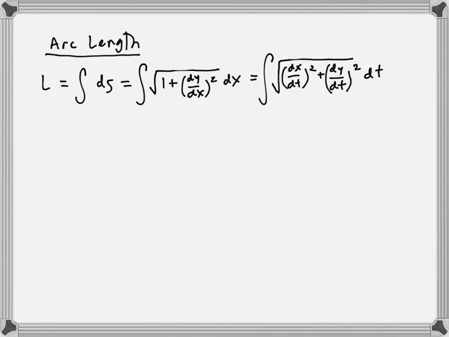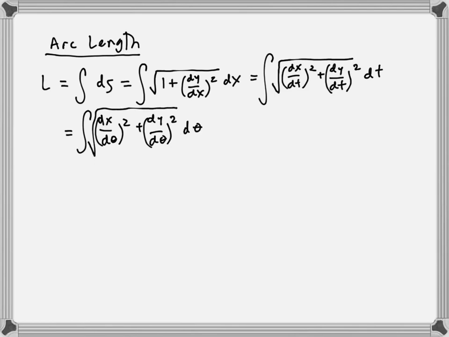But question, what's going to happen when we want to use polar coordinates instead? Well, we know that this is actually just going to be (dx/dθ) squared plus (dy/dθ) squared, because our parameter now is theta. So it looks like this. Now, what do we do here? Well, we know what dx/dθ is.